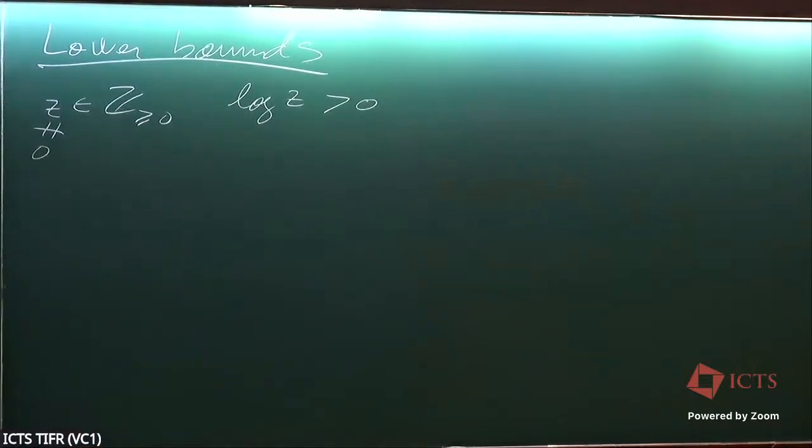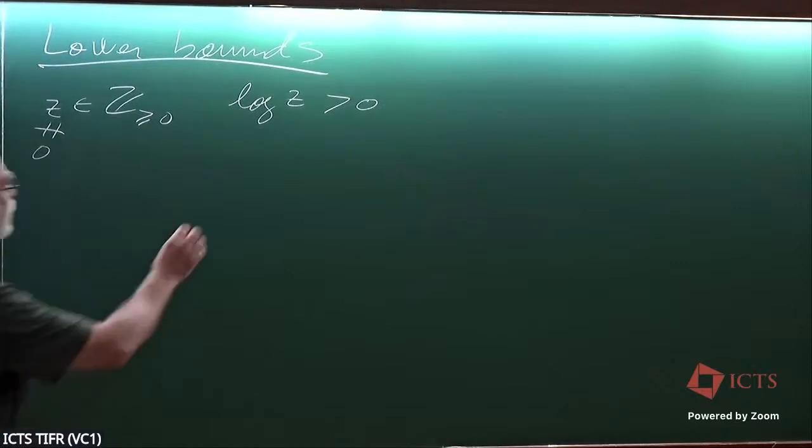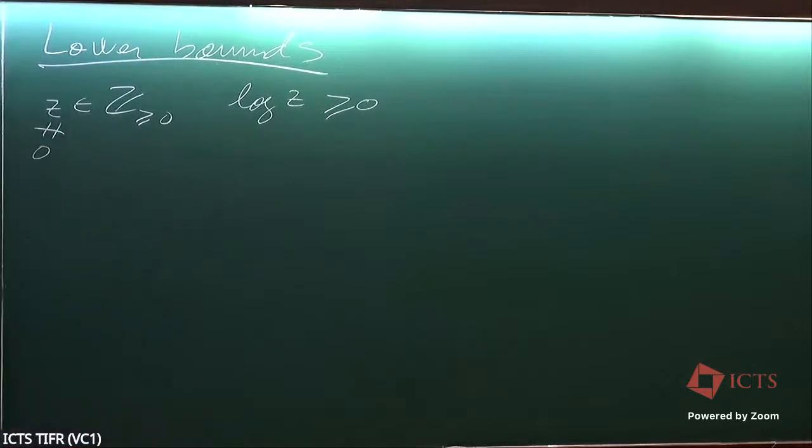Okay. And it's curious that this principle is at the root of many theorems in number theory. And let's see how we can use this theorem to prove lower bounds for the essential minimum. And if I subtract 1, then it will be strictly bigger than 0.